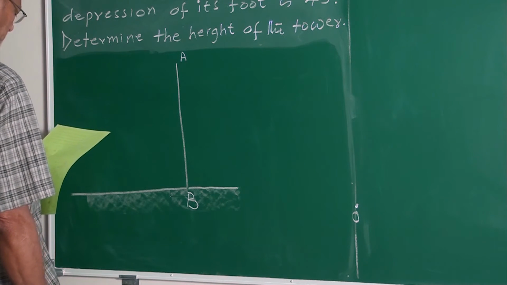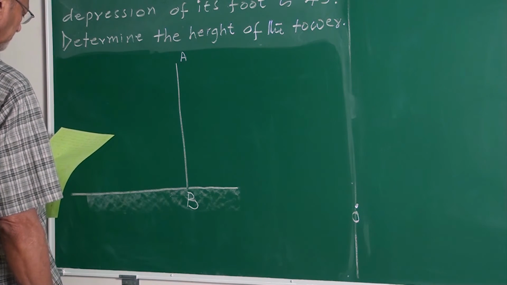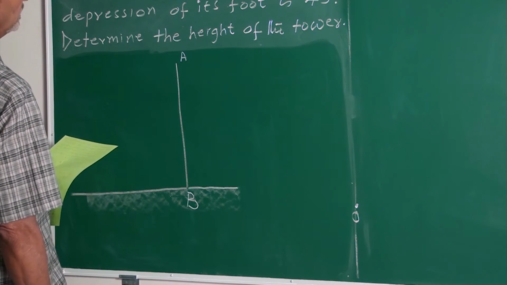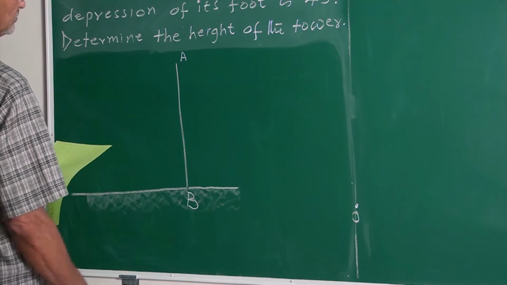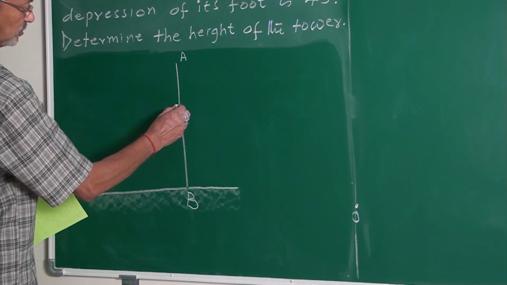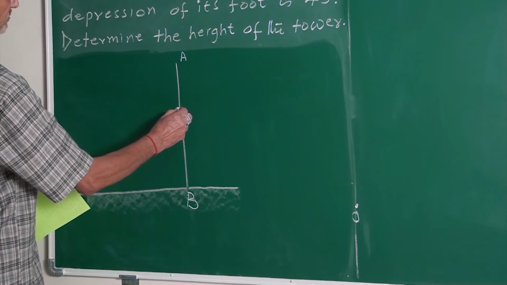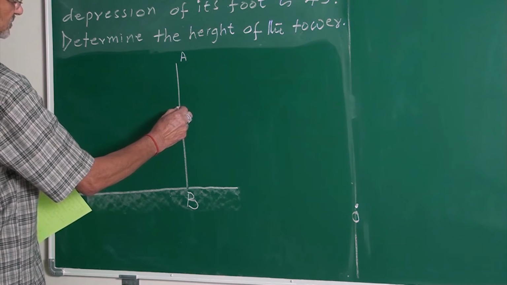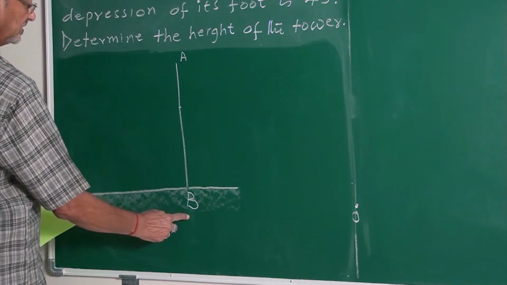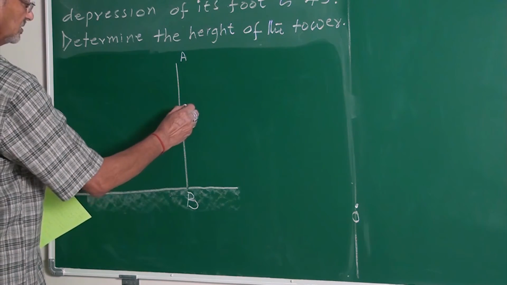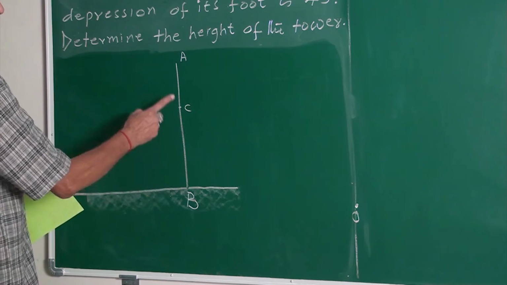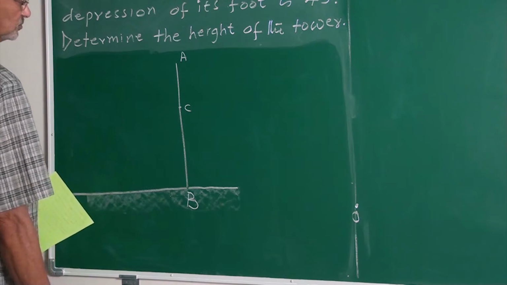This is 7 meters high. A cable tower is there. This is 7 meters. This is the cable tower. I take this as AB, the building, and AC as the cable tower. Otherwise you have to take AB and BC. Anything will do.